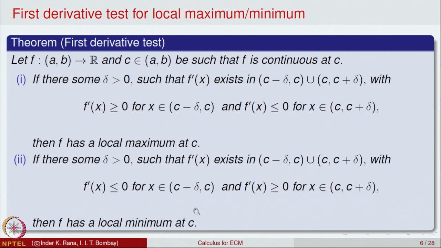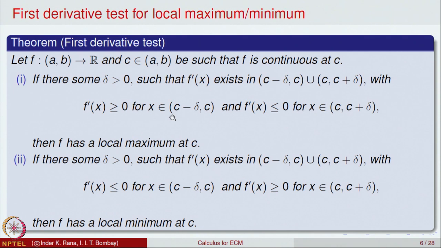So, it must have a local minimum at that point C. This is what is called the first derivative test for analyzing a point to be a point of local maxima or minima. These are the sufficient conditions which ensure whether a point is a local maxima or minima.